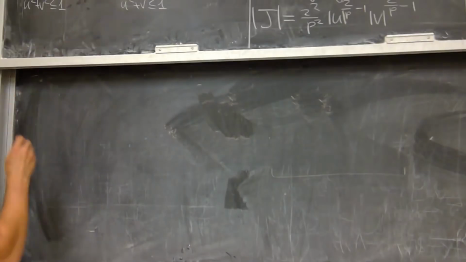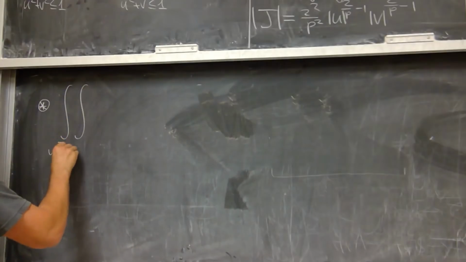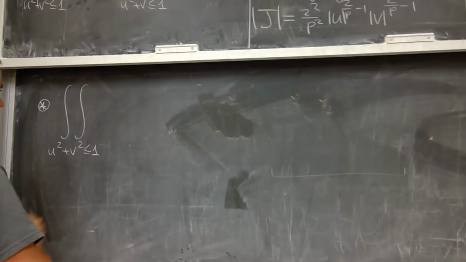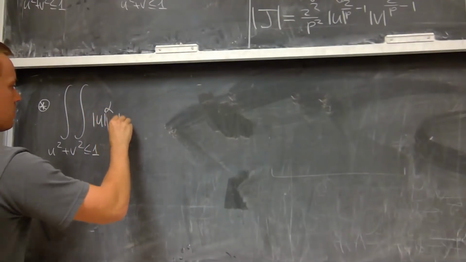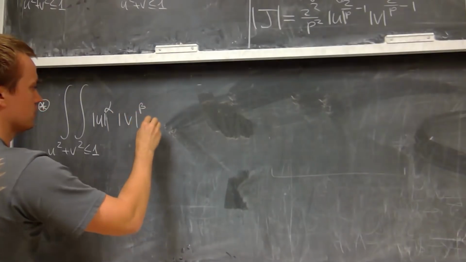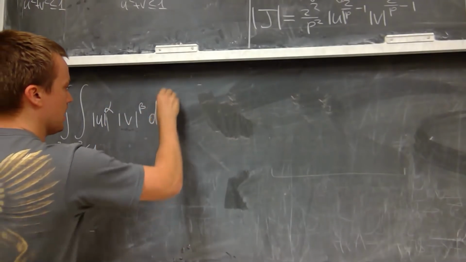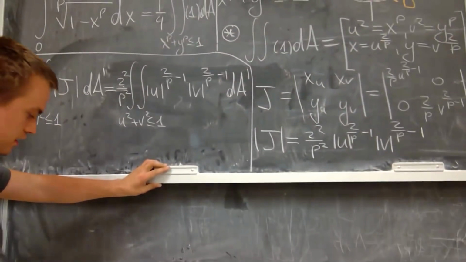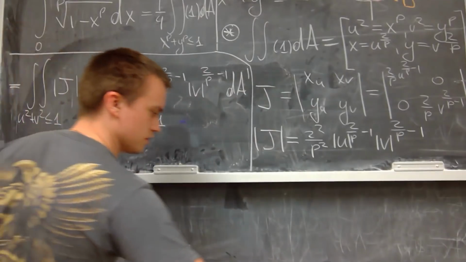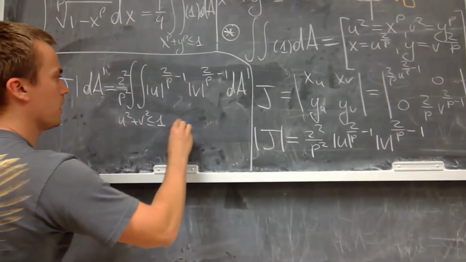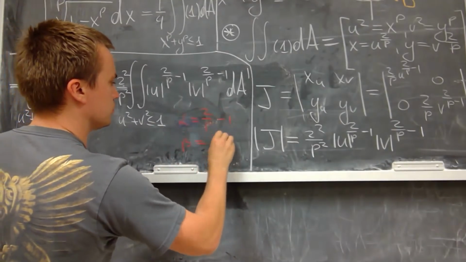And the claim is, if I take the double integral over u squared plus v squared less or equal than 1 of the absolute value of u to some power alpha times the absolute value of v to the power beta, with area element dA, where in this case, let's just remember, my alpha is going to be equal to 2 over p minus 1, and my beta is also equal to 2 over p minus 1.